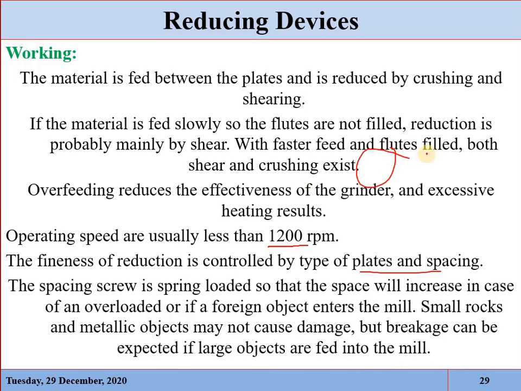See, in between the two plates, some spring is attached to one plate. Suppose a large particle enters, or the casing is overloaded, then due to this spring the space between the two plates becomes wide. Okay, and then it cannot damage or affect the efficiency of the grinder.